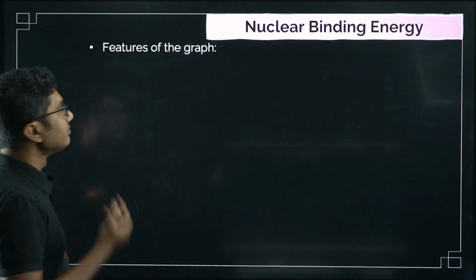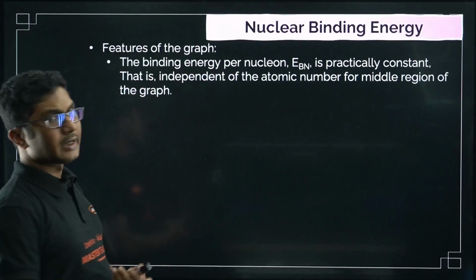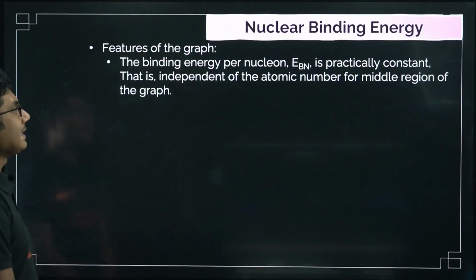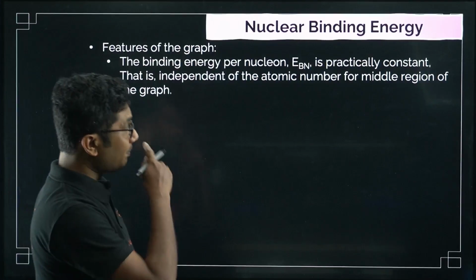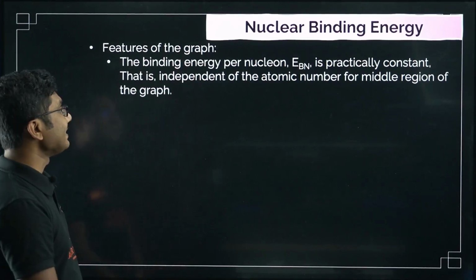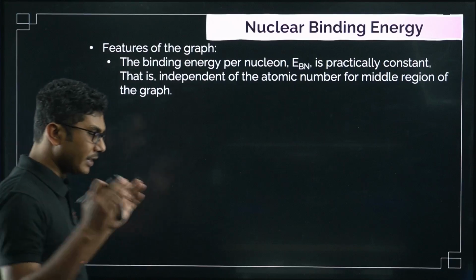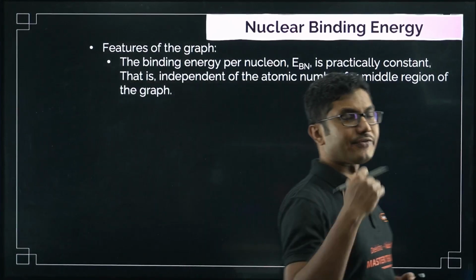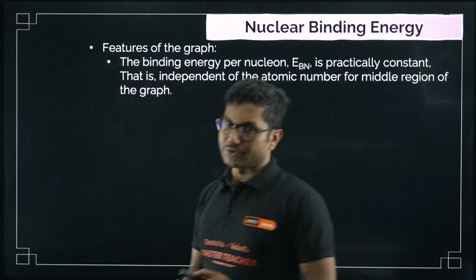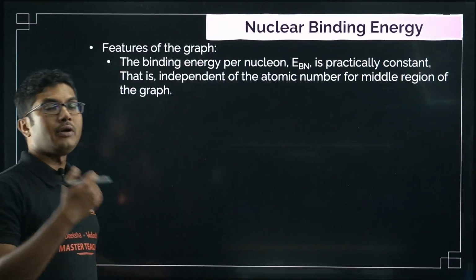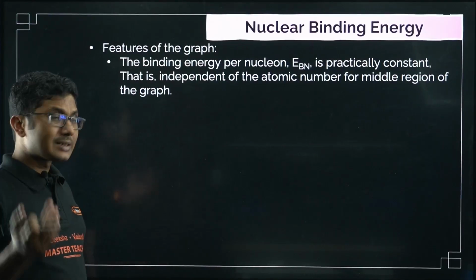Now let's see the features of the graph, very important. The binding energy per nucleon is practically constant, that is, independent of the atomic number, for the middle region of the graph. As I said, the variation is very small in the middle region, so it's practically constant, and it does not depend on the mass number.